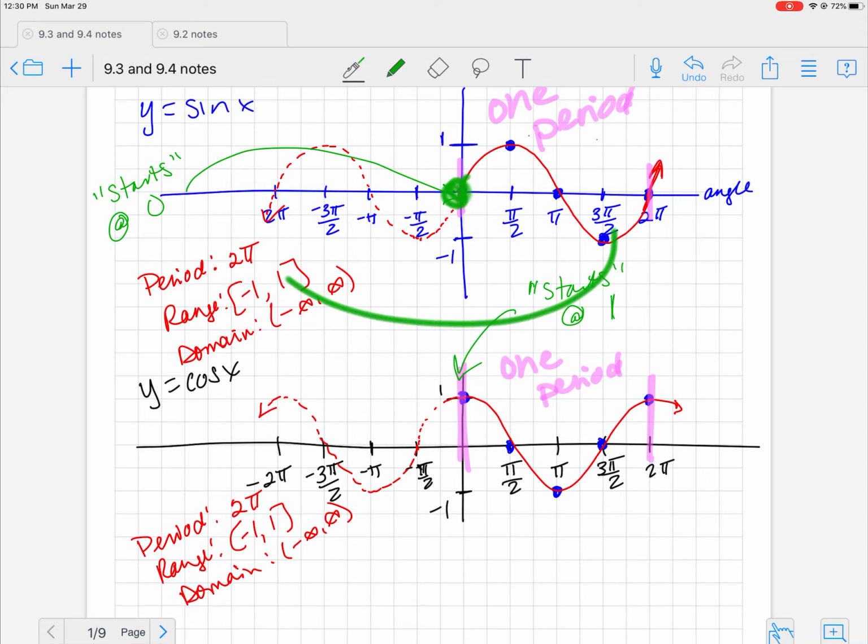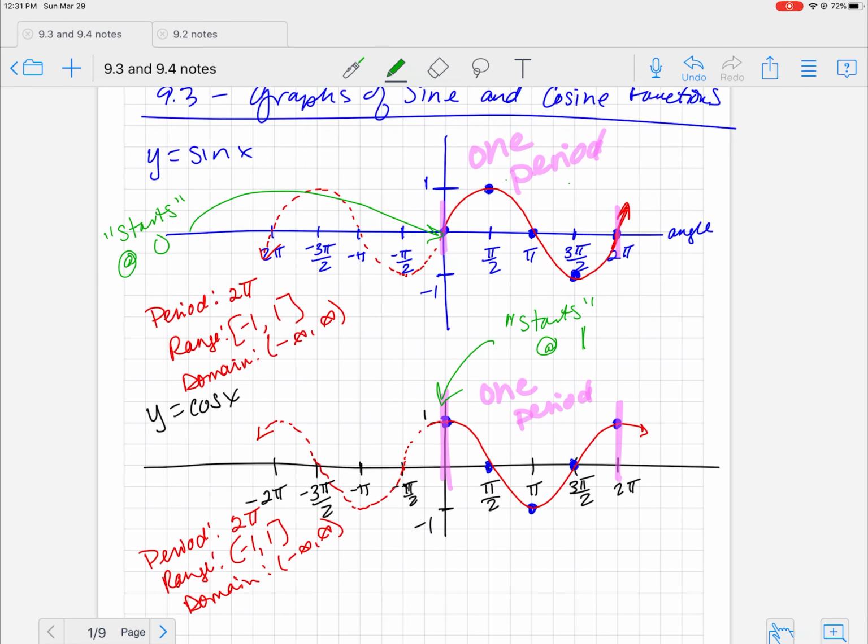Our function, if I am reflecting around the origin, so if I put a pin right here and I swing sine around, do you see how it lands on itself? I have this and I swing it around and I have this. It lands back on itself.